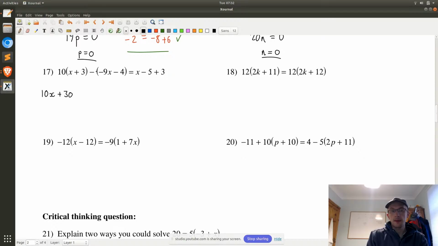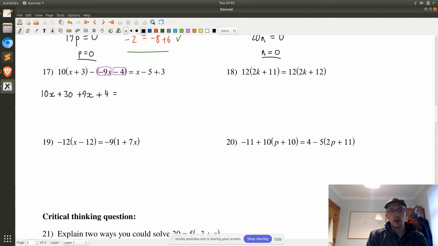What you do is you flip the sign of each individual term inside the brackets. So we have the first term being -9x and the second term being -4. And we're going to flip the sign of the first term and then the sign of the second term. So that becomes plus 9x. And that becomes plus 4.